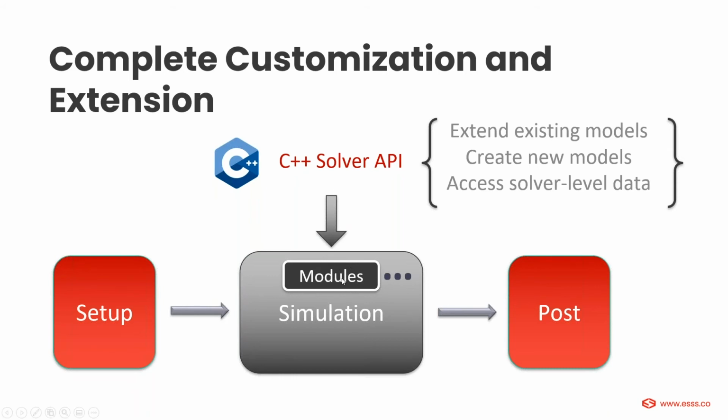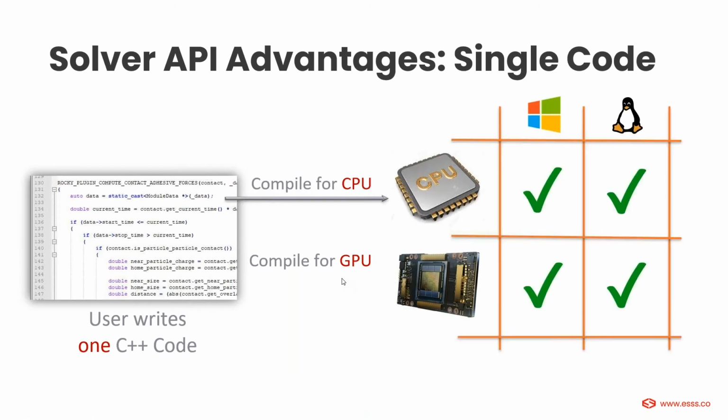These are basically scripts that are coded in C++. As soon as you use Rocky's SDK, or the development toolkit of Rocky, and compile the same code, it will work on both CPU and GPU. Rocky will do all the hard work for you, and it will also be possible to compile those codes to run on both Windows and Linux platforms. And of course, these are all powered by NVIDIA graphics processing units.